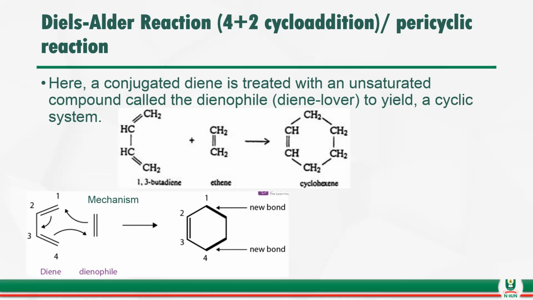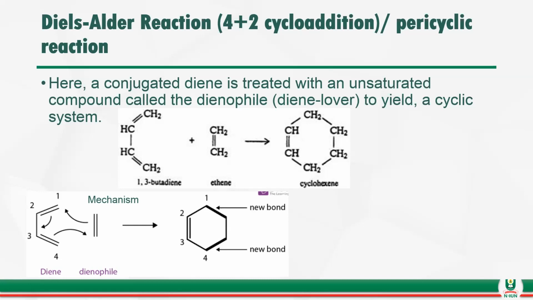This is also called pericyclic reaction. What happens in Diels-Alder was simply a reaction of a diene, a conjugated diene. The diene must be conjugated.